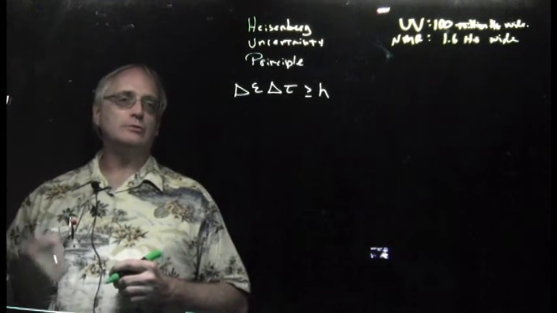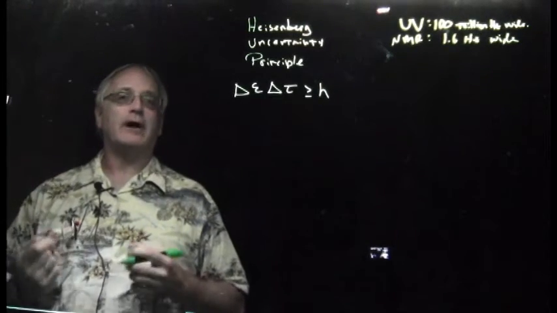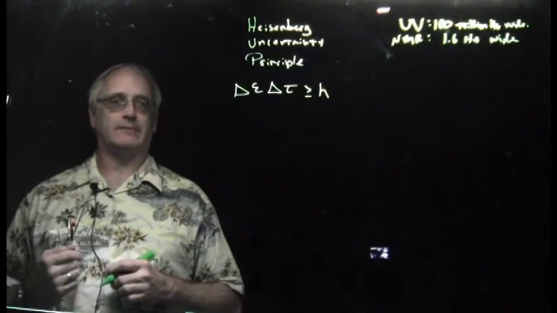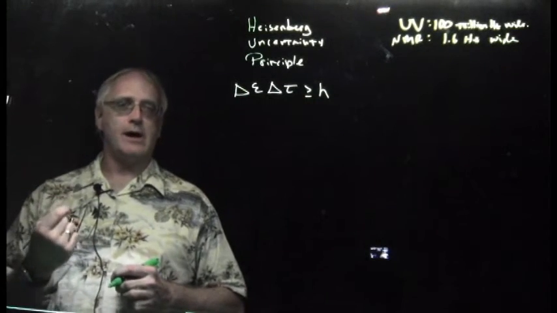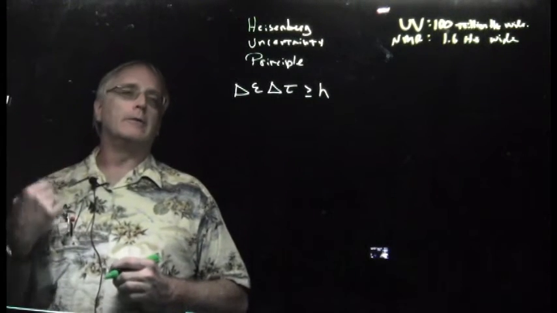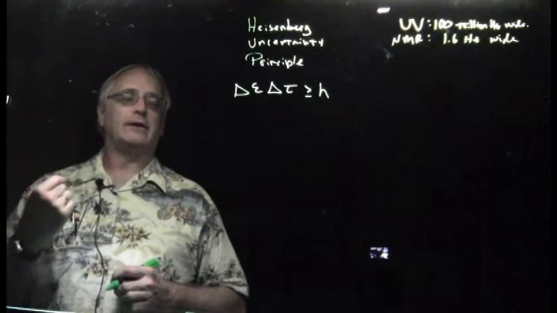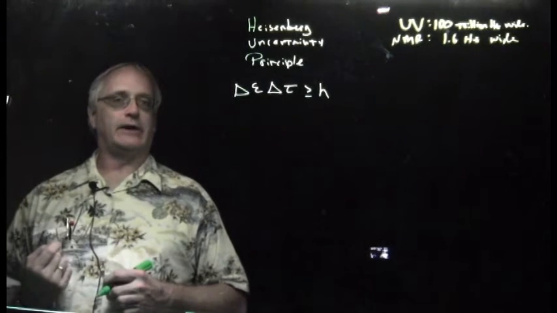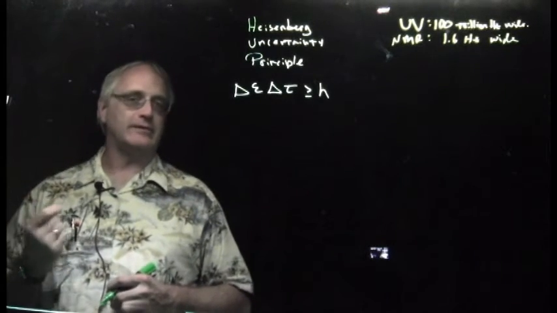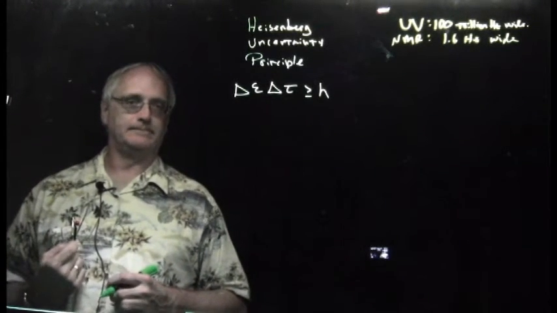Said in words, it means the following. If the time of a process being studied by spectroscopy is very well defined, in other words, we know the time very well, we must therefore have a good deal of uncertainty in the energy of that transition, and therefore the frequency of that transition. Okay?